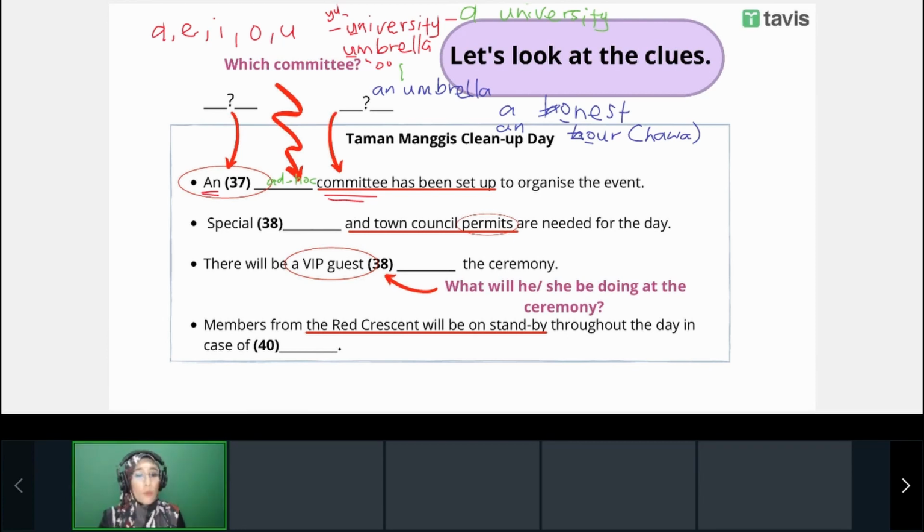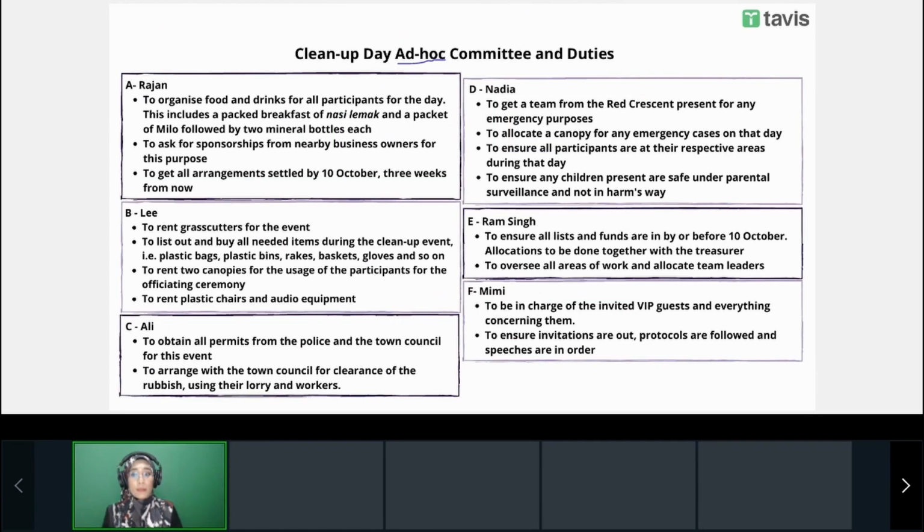If you got that, well done. Next one: special something and town council permits are needed for the day. The clue here is permits. Let's see which paragraph says anything about permits.